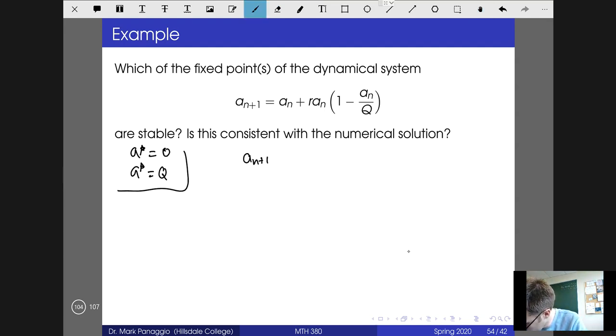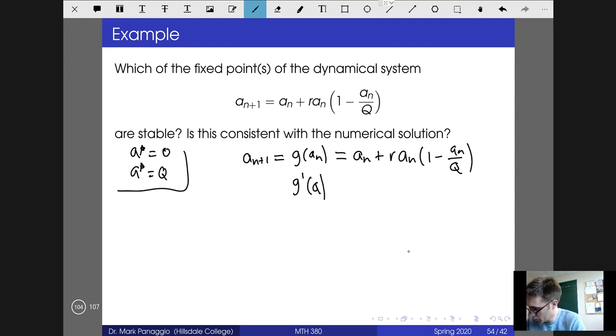a n plus 1 is equal to g of a n, which is a n plus r times a n times 1 minus a n over q. So the right-hand side is that whole expression. And let's take a derivative of that. I'm going to leave off the subscripts just for simplicity's sake.